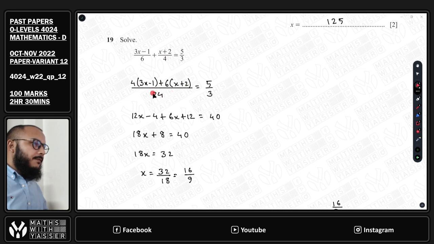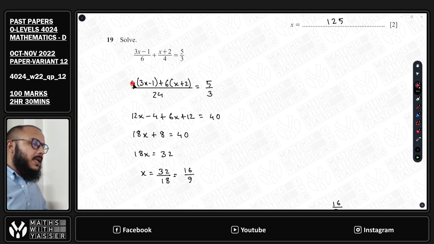So now we have 4 times 3x minus 1 plus 6 times x plus 2 over 24, which is equal to 5 over 3. Then if I divide both the denominators by 3, I'll be getting 1 over here, and 8 3s are 24. So 8 times 5 will be 40, and 1 times this whole thing will be the value itself.